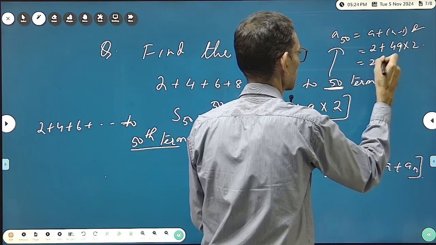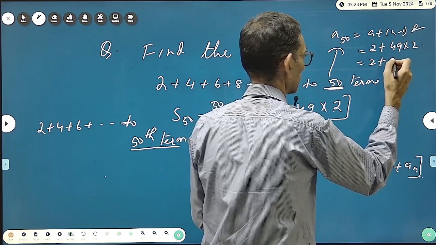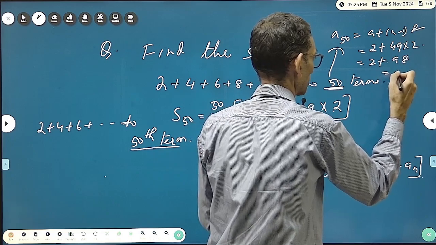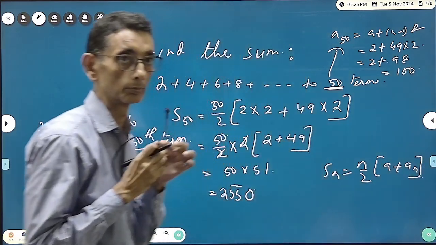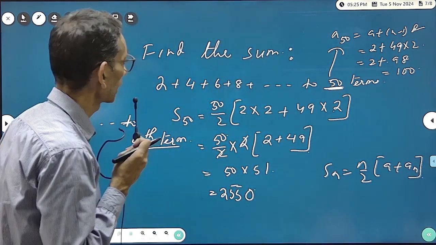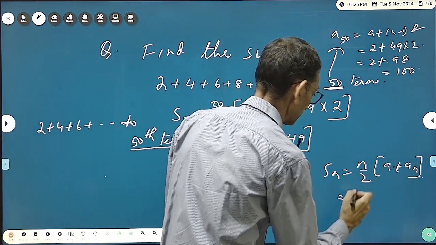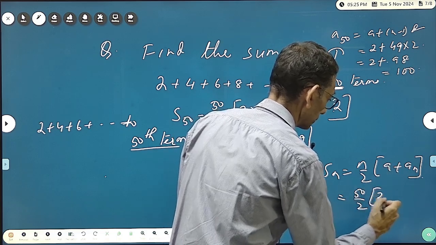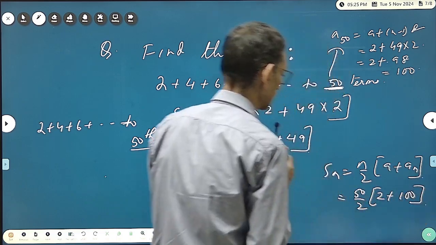So 2 plus 49 into 2. 49 into 2 is 98, and 98 plus 2 is 100. So the last term is 100. With the last term 100, if you do it this way, 50 by 2 into first term 2 plus last term 100, you will get the same answer.